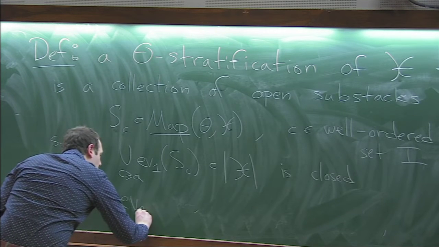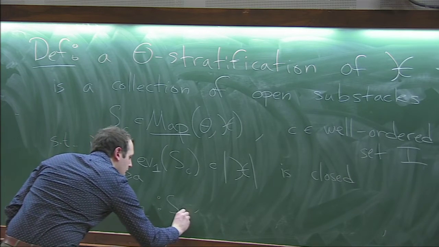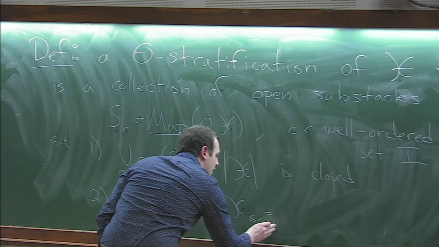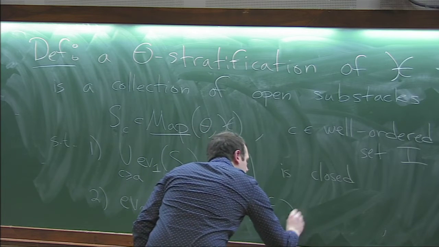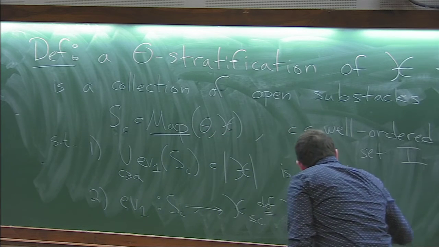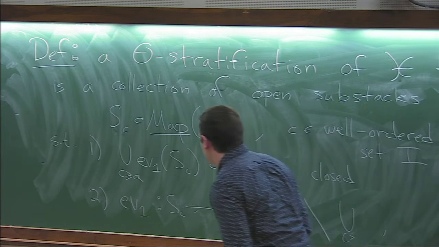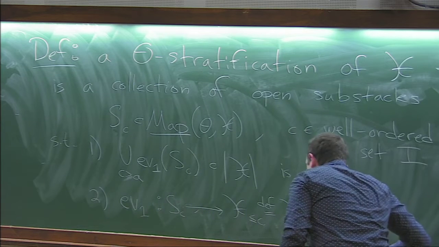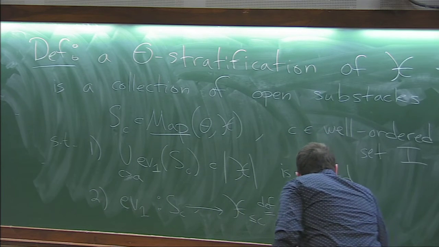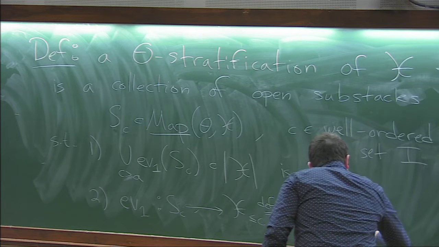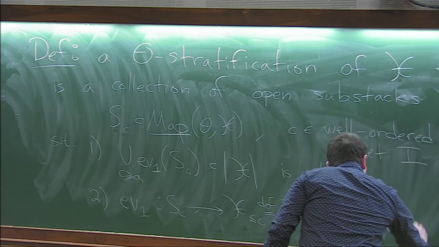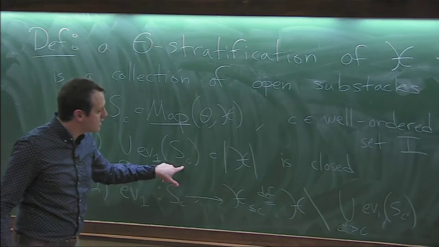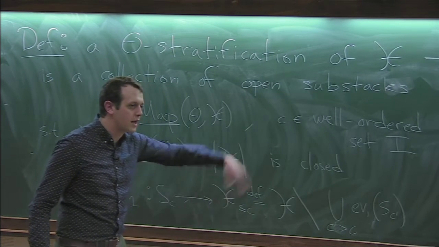And I can ask about Ev1, which maps S_C to what I'm going to call X less than or equal to C, which is by definition what I get when I remove those. It's well ordered, so that's why. So the first condition allows me to say I have these open substacks, which is what I get when I throw everything above away.